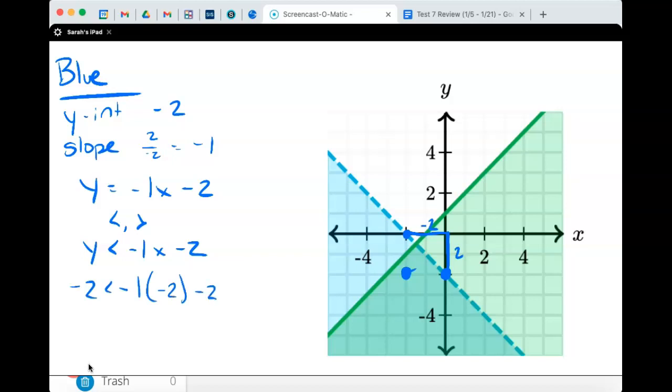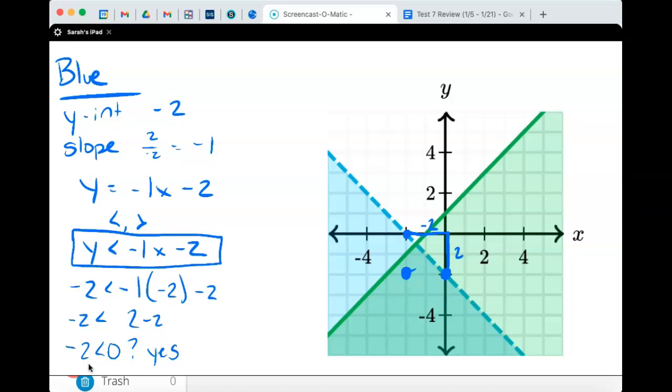Simplify the right side: -1 times -2 is 2, and then 2 minus 2. So is -2 less than 0? Yes. So I did pick the right inequality symbol, it's less than. If it was false, you should flip it around. So this is the blue line.